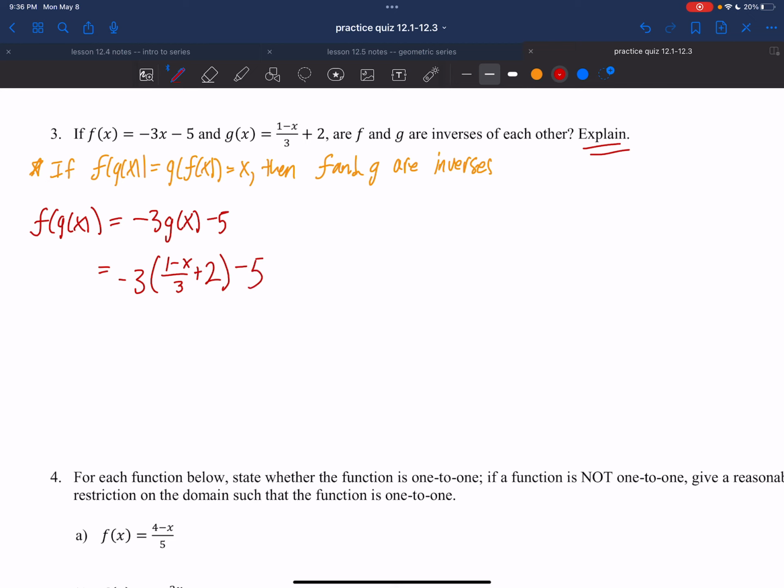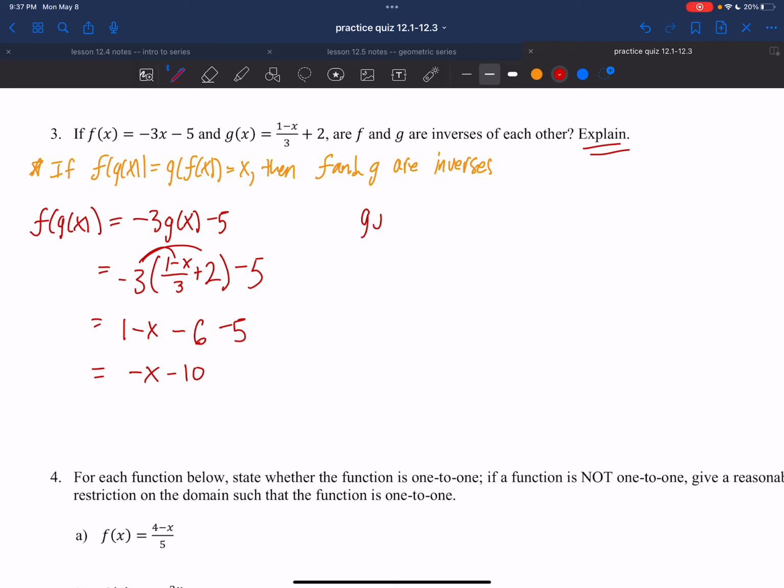Okay, well, let's do that distribution. I should get 1 minus x, and then minus negative 3 times 2 is negative 6, and then minus 5. So that is 1 minus negative x minus 10. Okay, so already I know, no, it doesn't.